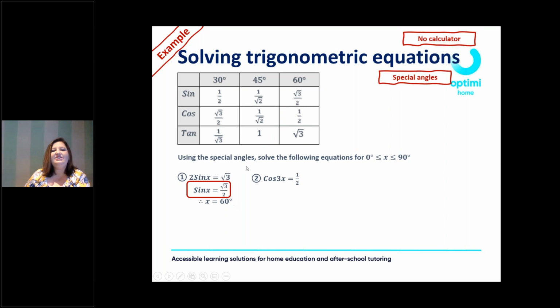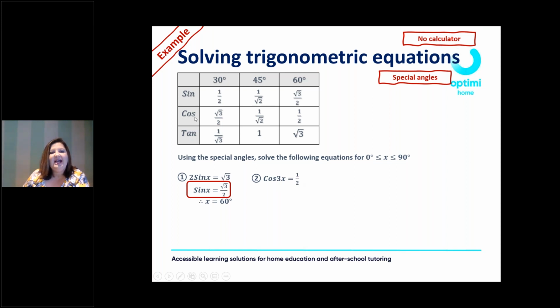Right. Let's look at the next one. So cos 3x is equal to a half. Now again, this is my entire angle over here. Yes, I know what this entire angle can be by looking at this expression over here, a half.